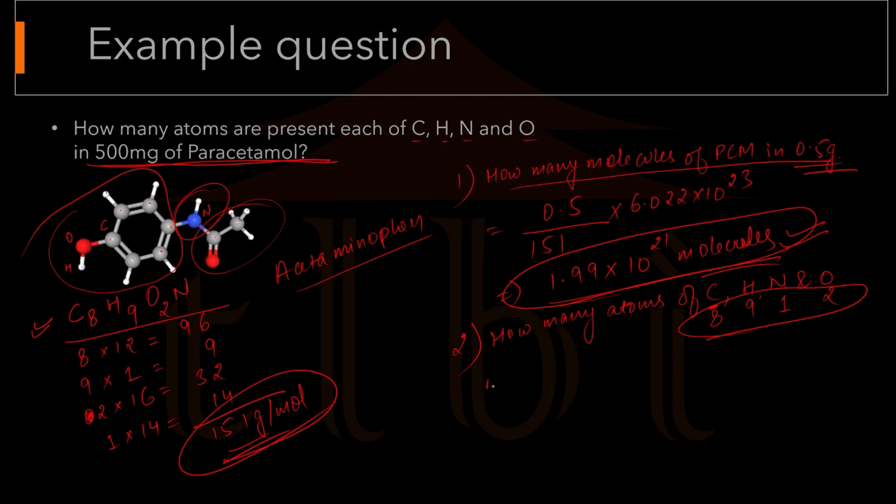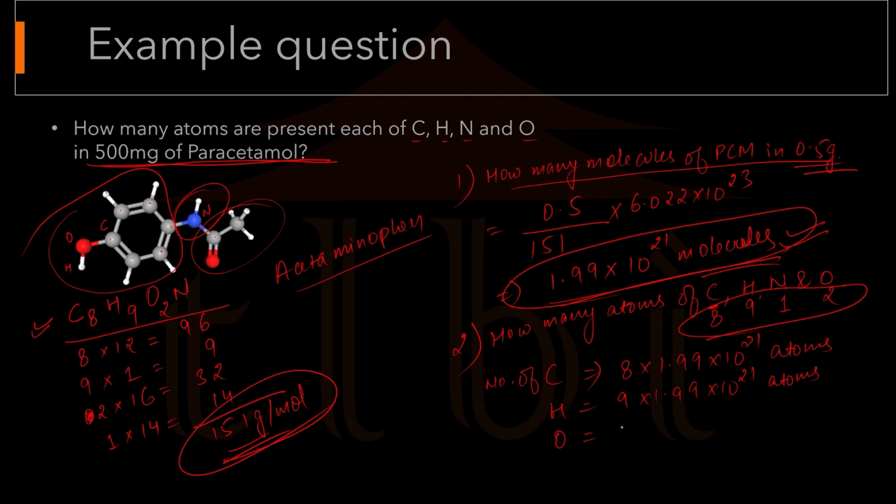So that means number of carbon will be 8 into 1.99 into 10 to the power 21 atoms. Similarly, hydrogen will be 9 into 1.99 into 10 to the power 21 atoms, right?